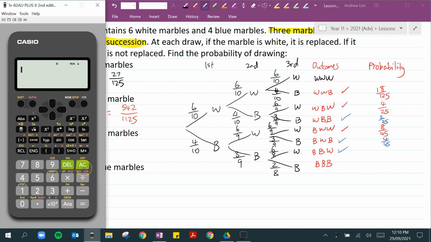And blue, blue, W. We've got 4 out of 10 times 3 out of 9 times 6 out of 8. 1 out of 10. So now all I'm going to do is I'm going to add those 3 together. 4 out of 45 and 2 out of 25 and 1 out of 10. Giving me 121 out of 450.